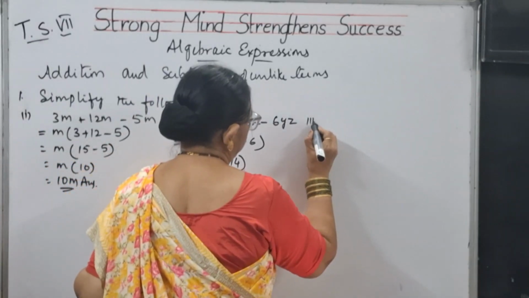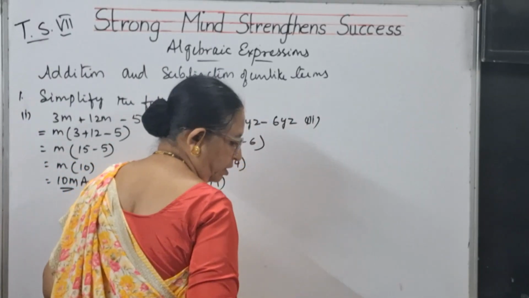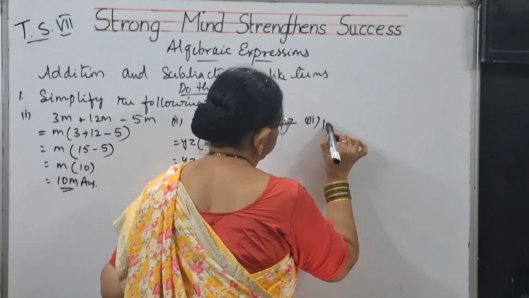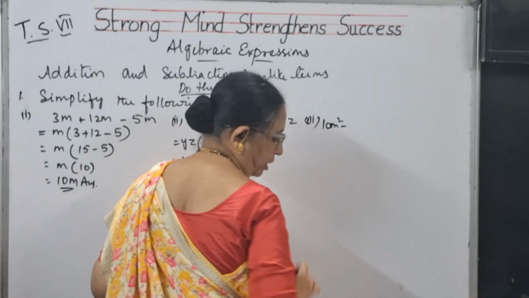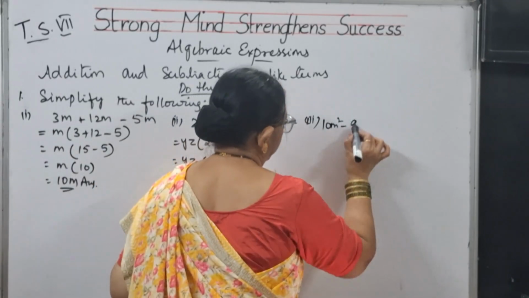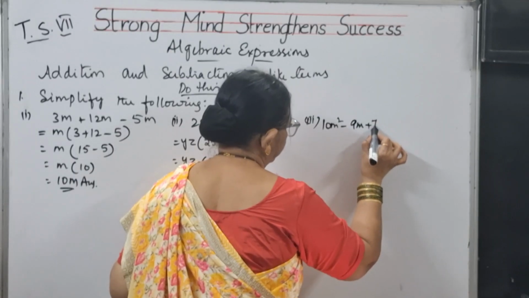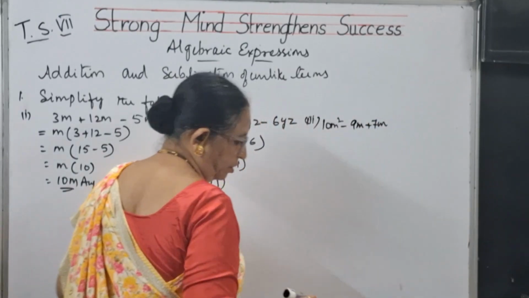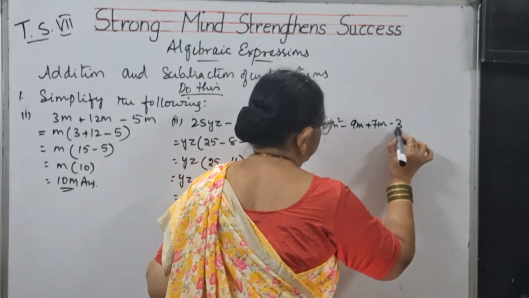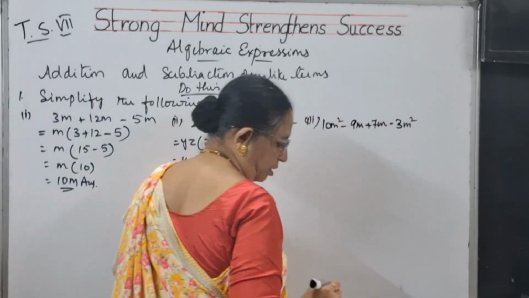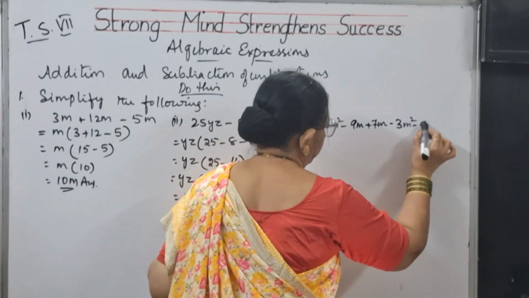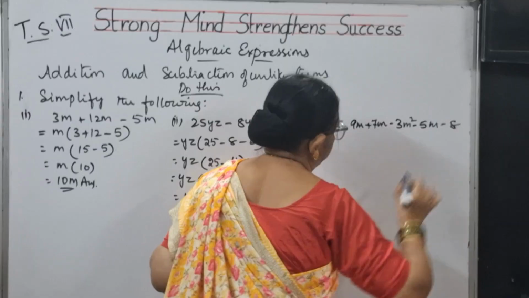Now let us see the third bit. What is the third bit? 10m square minus 9m plus 7m minus 3m square minus 5m minus 8.